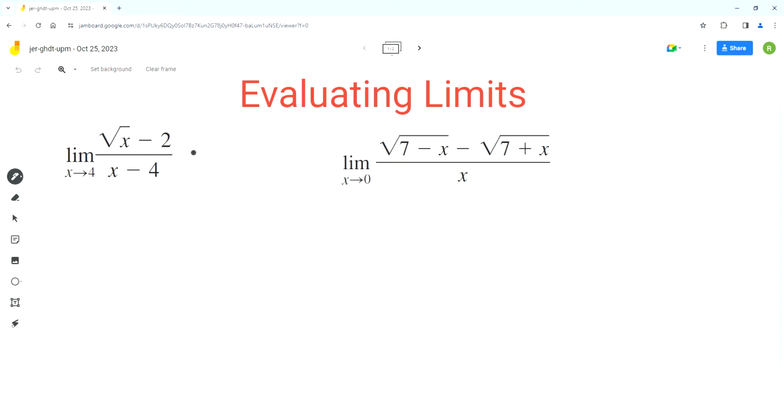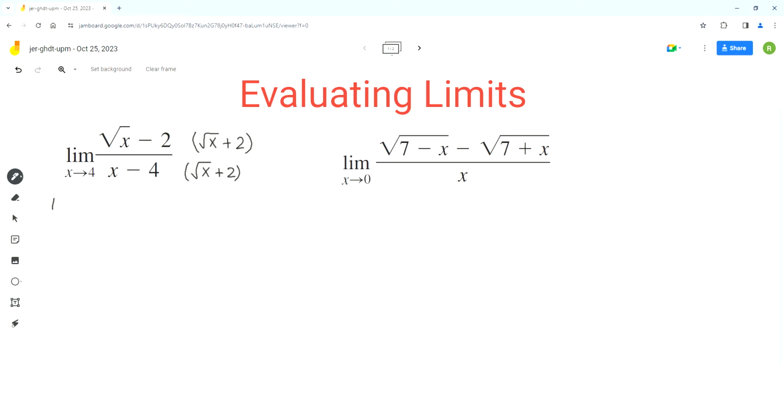The conjugate will be square root of x plus 2. Conjugate means same terms but different sign between the terms. So we'll multiply the numerator and the denominator by square root of x plus 2.